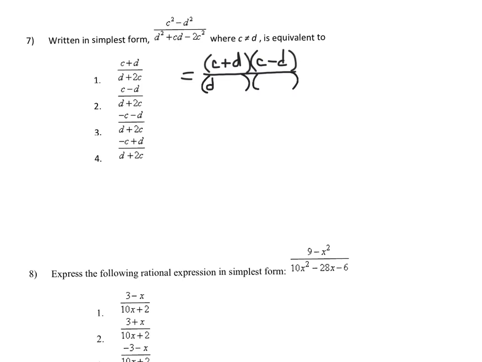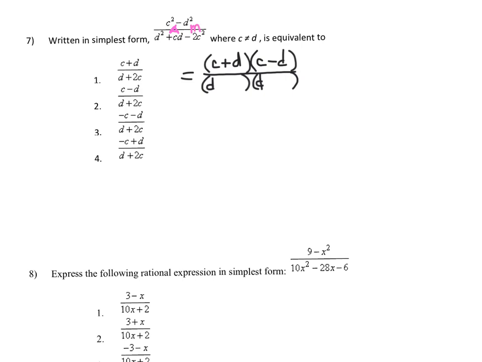And since d times d gives us d squared, that's what we're going to put here and here. Now, I know there's some c's involved in this. I'm going to ignore that for a minute. I'm just going to look at my numbers, because normally what we do is we come up with 2 numbers that add to the number in front of the middle term and multiply to the number in front of the last term.